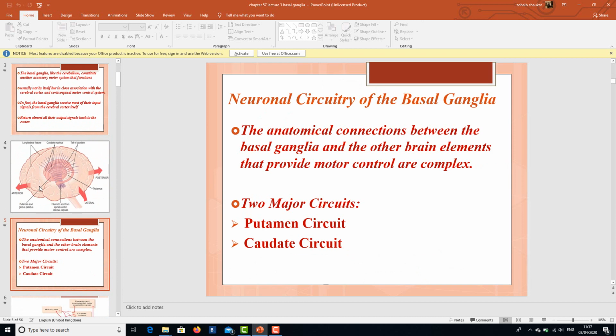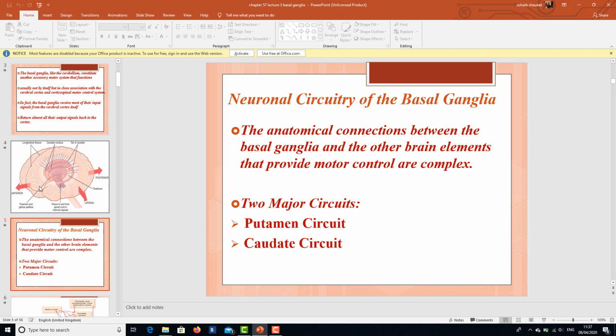Now we should know about the neuronal circuitry of the basal ganglia. The anatomical connections between the basal ganglia and the other brain elements that provide motor control are complex. There are two major circuits, and what are they?